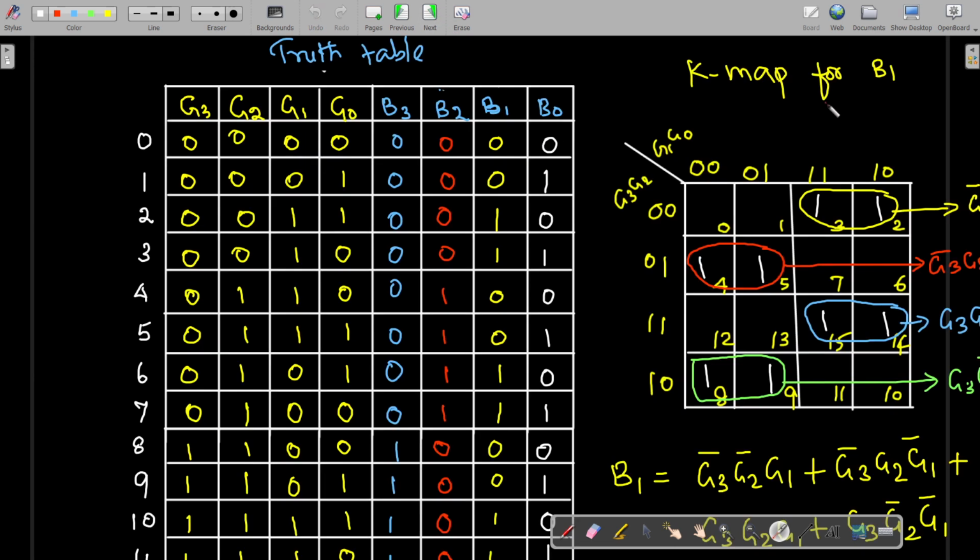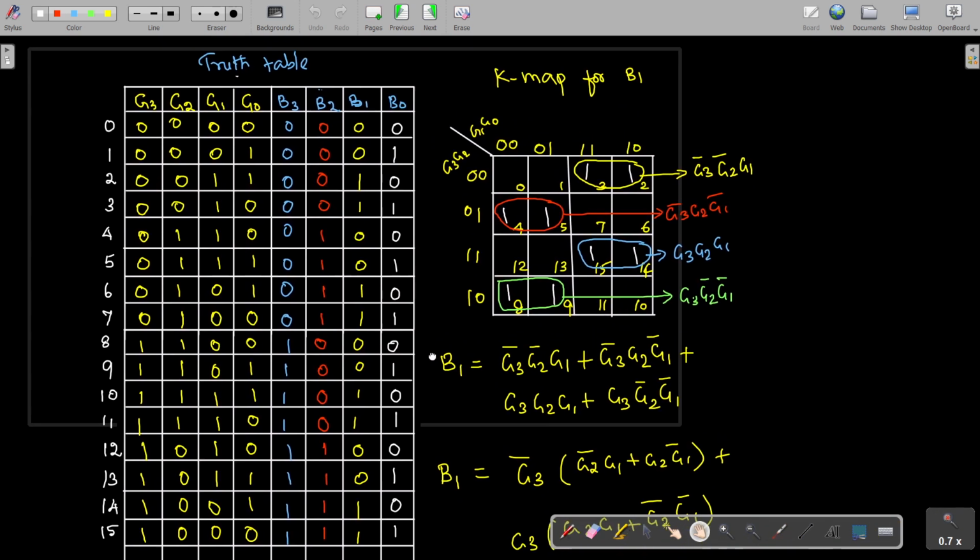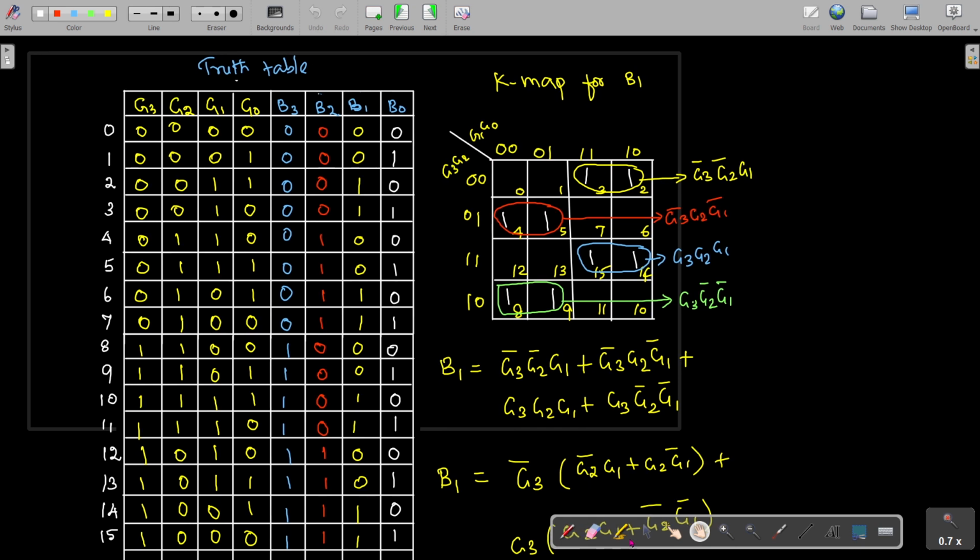Now we move on to this B1. So for this B1 we have the values as 1 1 for these two corresponding to this. As I have already told you, this corresponds to only this binary equivalent, so don't go for this.